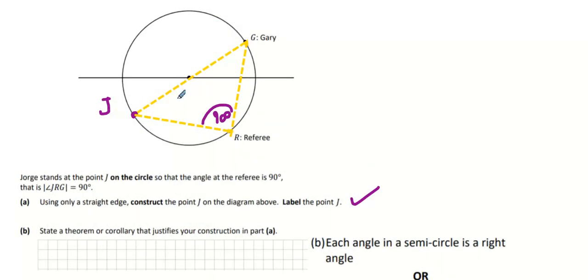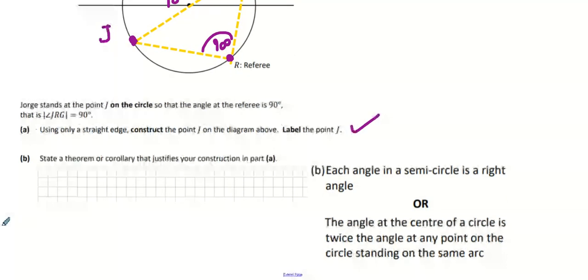So if this is 180 degrees, with the center of your circle sitting on an angle of 180 with the 2 points, that means a third point on the same circle, standing on the arc J to G, would be 90 degrees. So take your pick on the way you'd like to explain that.